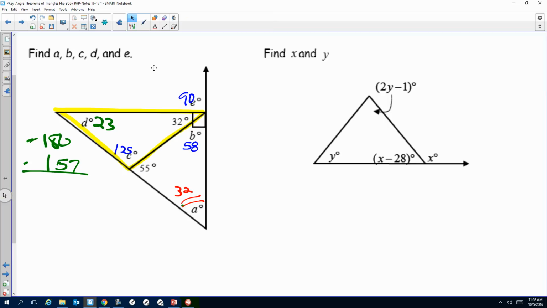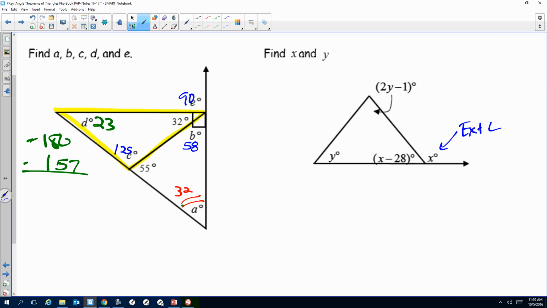Now, let's talk about finding two variables. On this example here, we're going to have to write an equation to find the variable. But we don't want to write an equation with two different variables in it, unless we're looking at a system. So, the parts that we have, just make sure you know this right here, yes, it is an exterior angle.